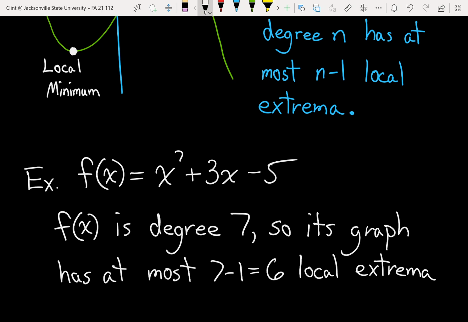Let me double check real quick though. Yeah, it does. It calls it local extrema. Okay, so.